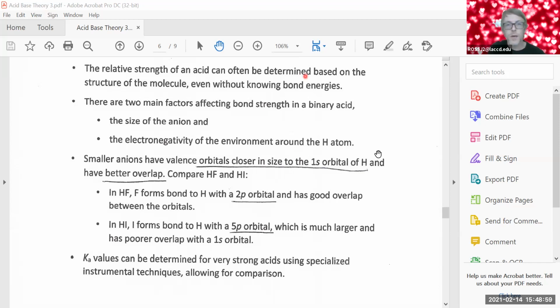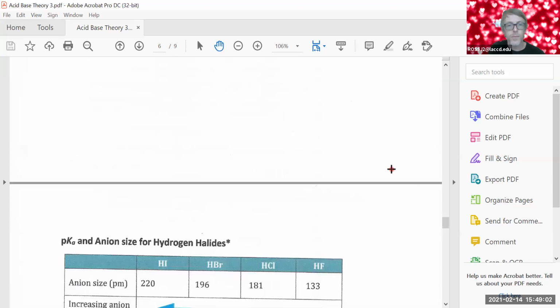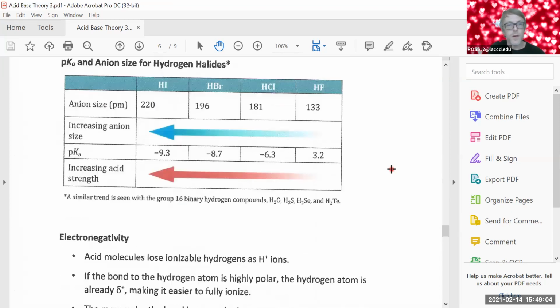Okay, so scrolling on. I think we've already summarized this, where we saw that going down the halogen group, as the anion gets larger, the bond gets longer, the overlap gets weaker, the bond gets weaker, and therefore it's easier to ionize and generate hydronium, so the acidity increases, as noted here by the pKa.